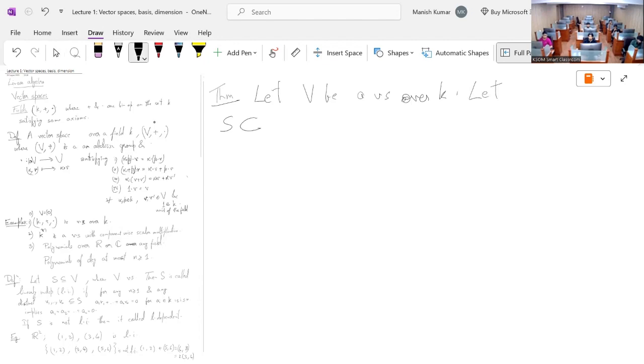So let S contained in V be a subset. Then the following are equivalent.